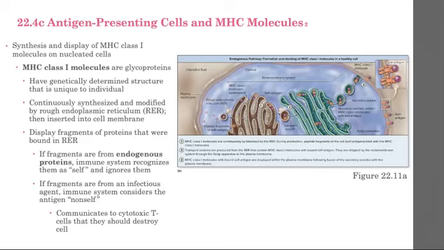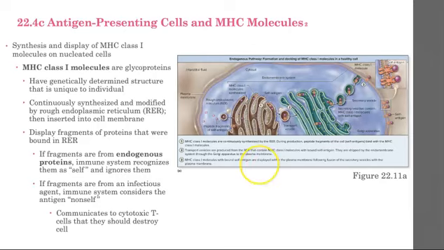So first, let's talk about how our nucleated cells are going to synthesize and display their MHC class 1 molecules. These MHC class 1 molecules are glycoproteins, and they're genetically determined and unique to individuals. So it's almost like a fingerprint. And that's why when we do things like transplants, we have to make sure that we have a close enough match.